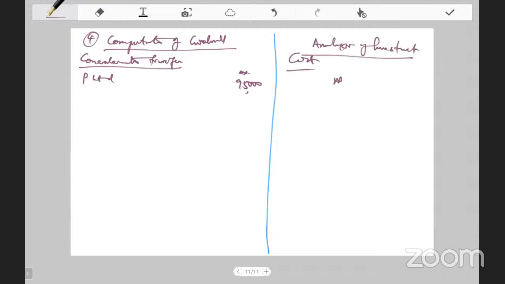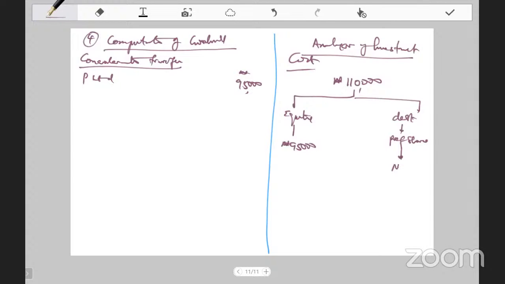He paid a total sum of 110,000. Yes or no? Yes, sir. This 110,000 is for two things. For the equity portion, it is 95,000. Then for the one for debt in nature, which you can call preference share, what's the balance? 15,000.